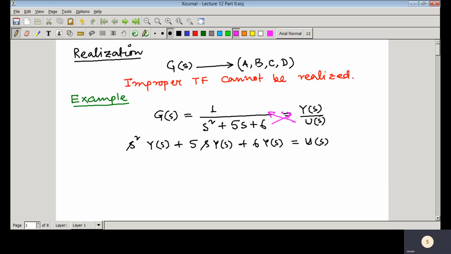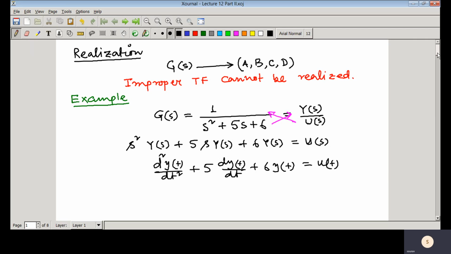If we take the inverse Laplace transform of this Y(s), we can write that this is d2y by dt2 plus 5 dy(t) by dt plus 6 y(t) is equal to u(t).